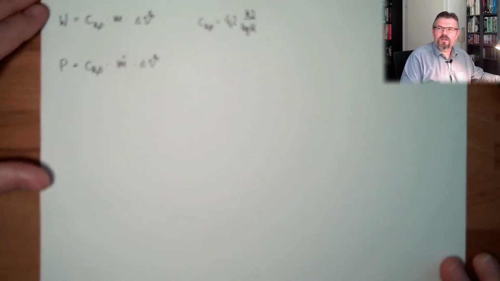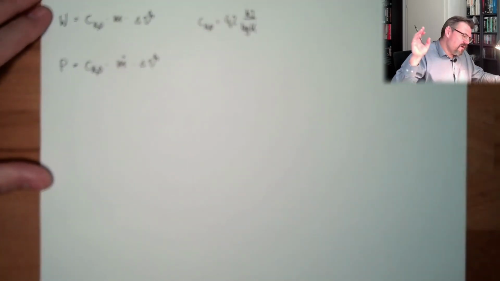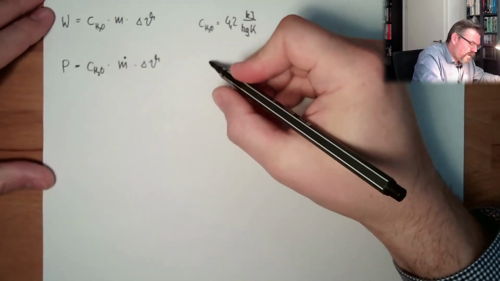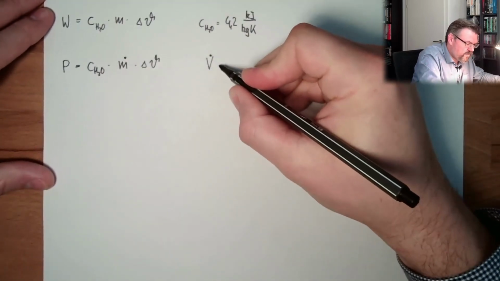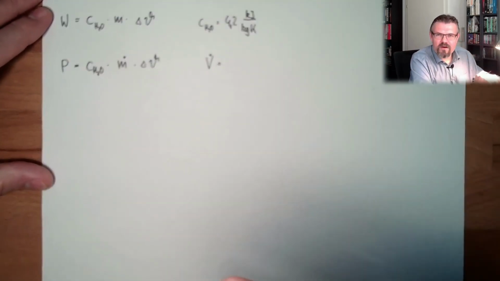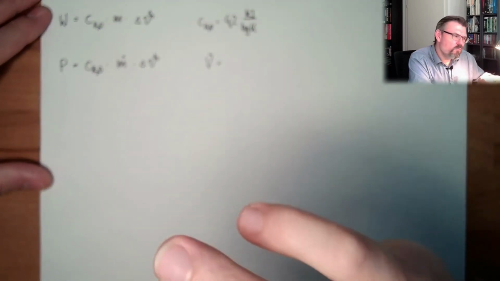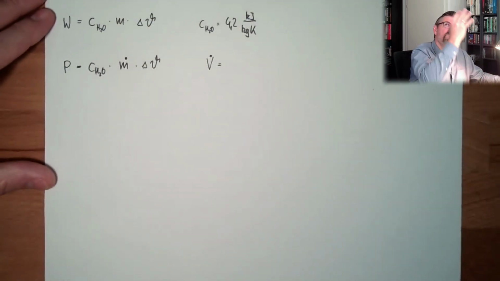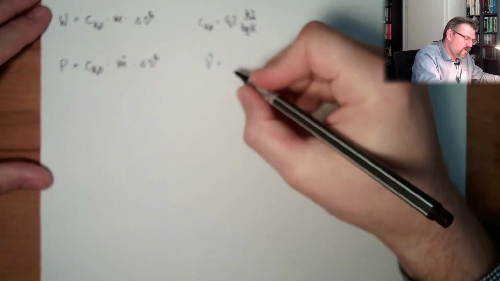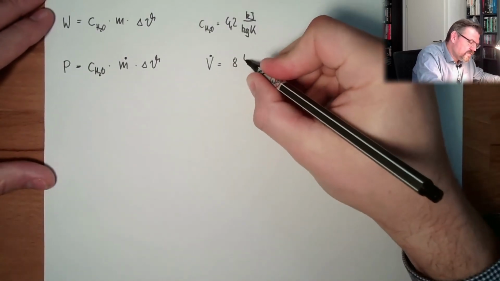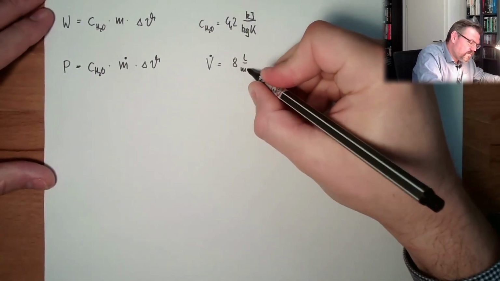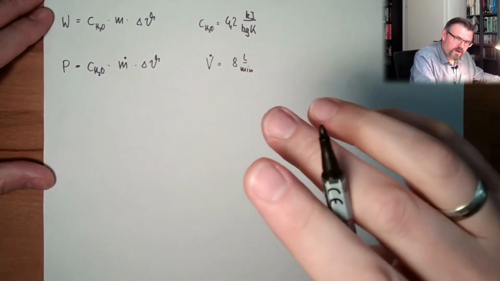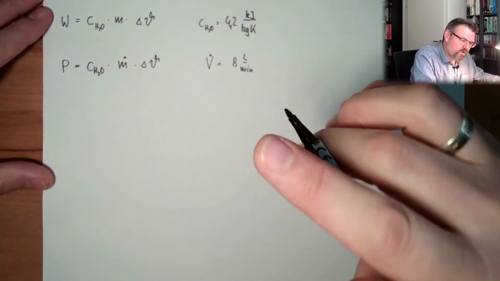And now I've looked up a usual water flow of an already very water saving shower head, which is around 8 liters per minute. It's already very, very water saving.